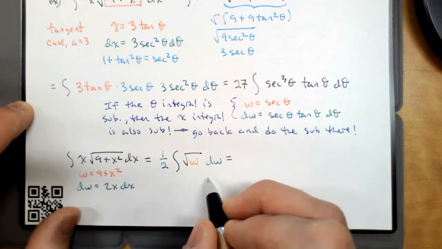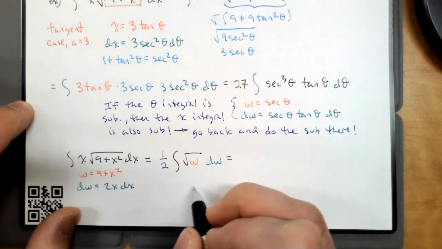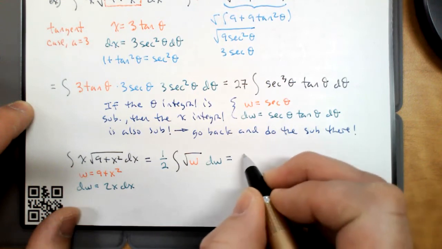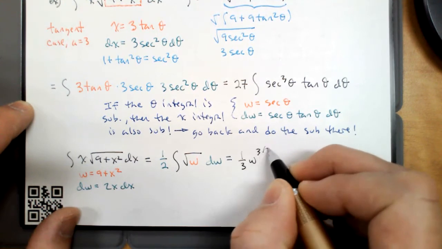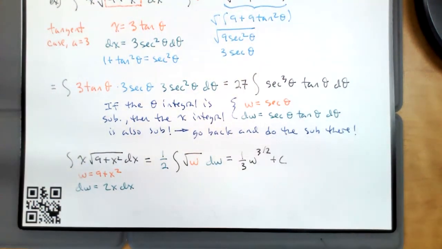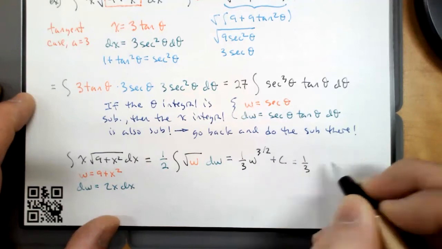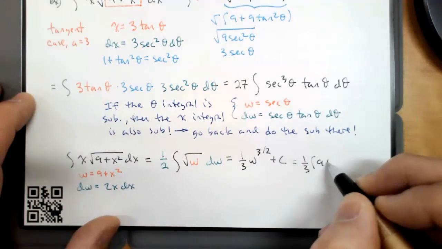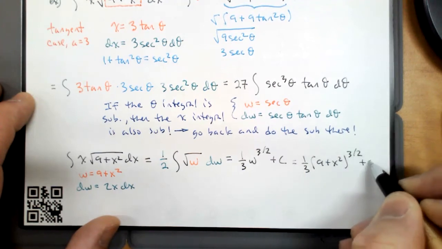So the integral of, so this is a W to the 1/2 power. So we add 1, W to the 3/2, 2/3. So we get a 1/3 W to the 3/2 plus C. And W is 9 plus X squared. So we'll get a 1/3 9 plus X squared to the 3/2 plus C.